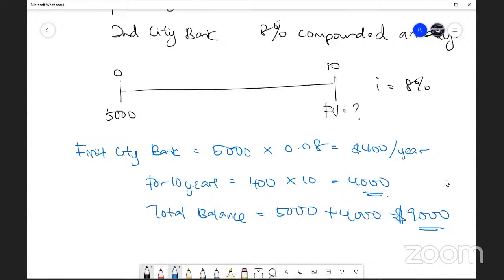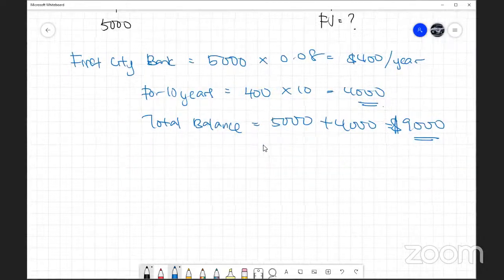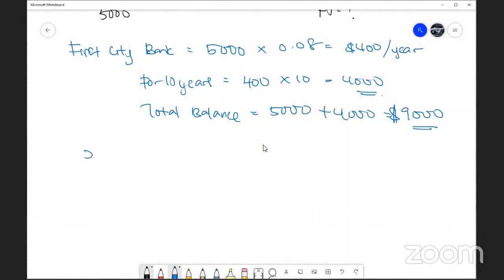Okay, so the question tells you how much more money would you earn from your second Citibank account at the end of 10 years. This is for First Citibank. All right, the second Citibank investment, how much you get? Second Citibank, they tell you is compounded annually. So if it's compounded annually, you use this formula.